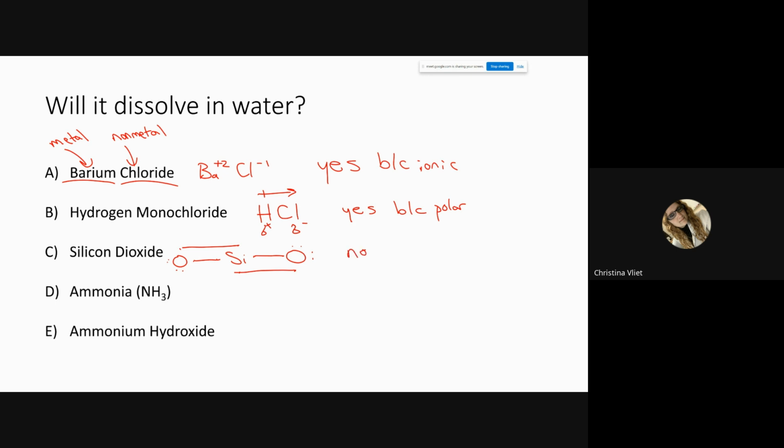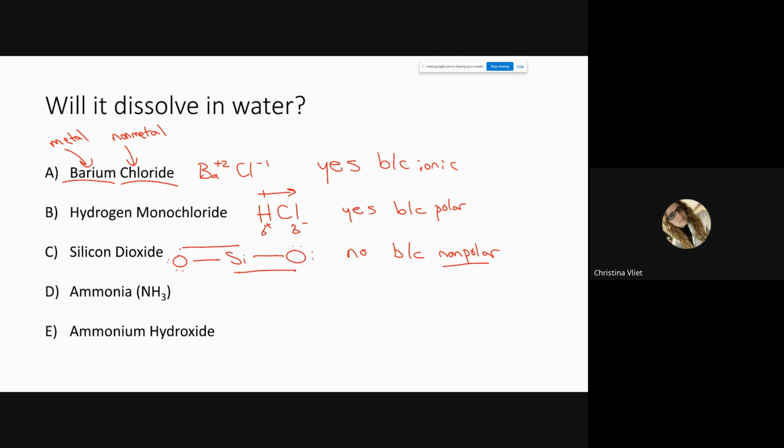So no, because not polar. Silicon dioxide is a major component of glass. Does glass dissolve in water? No. You're going to melt it before dissolving it. Not dissolving.